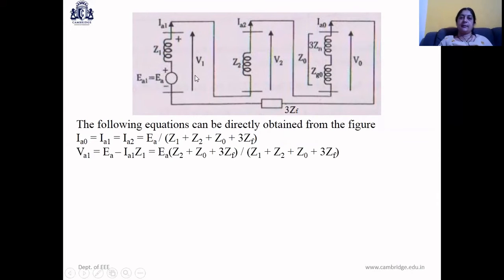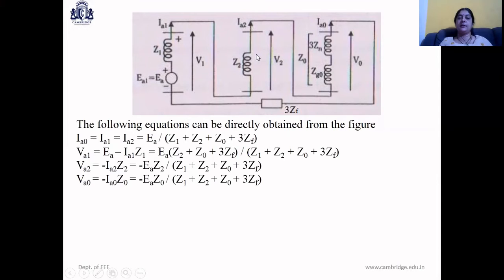VA1 is equal to EA minus IA1 Z1. Substitute for IA1 from the previous expression. So EA into Z2 plus Z0 plus 3 ZF divided by Z1 plus Z2 plus Z0 plus 3 ZF. VA2 is minus IA2 Z2. Substitute for IA2. Therefore, VA2 is minus EA Z2 by Z1 plus Z2 plus Z0 plus 3 ZF.